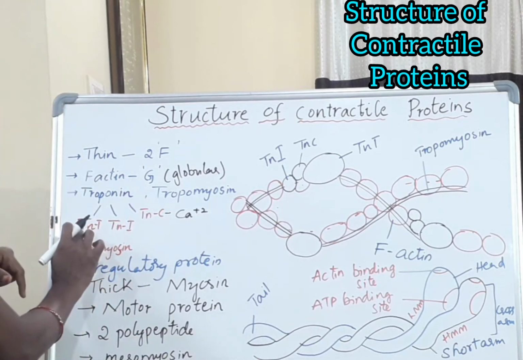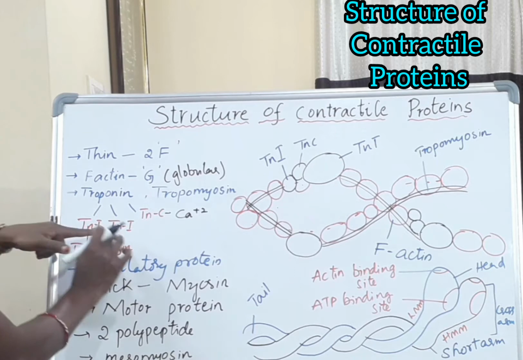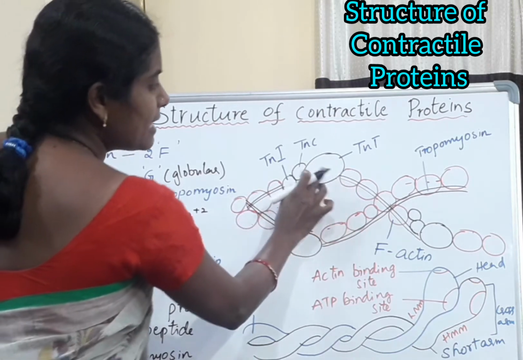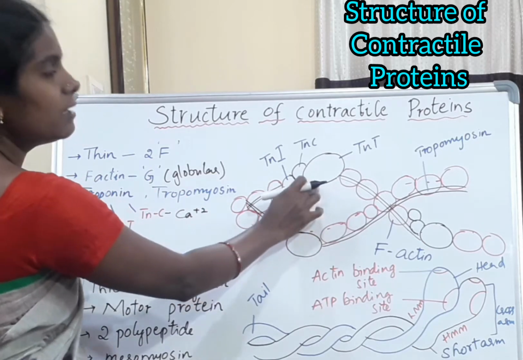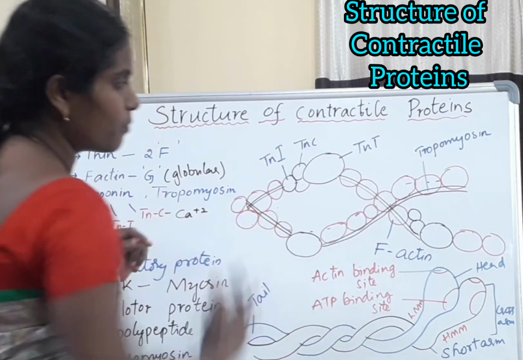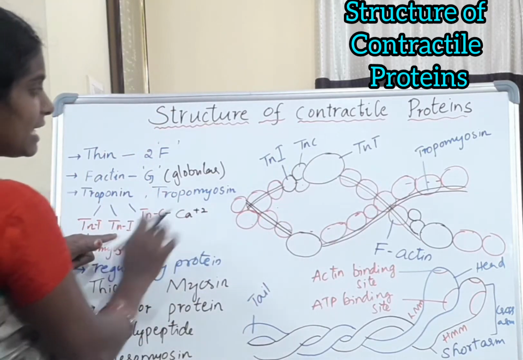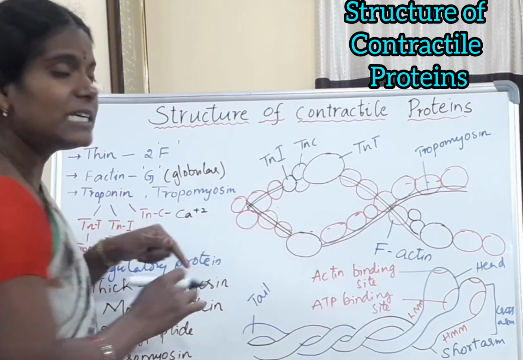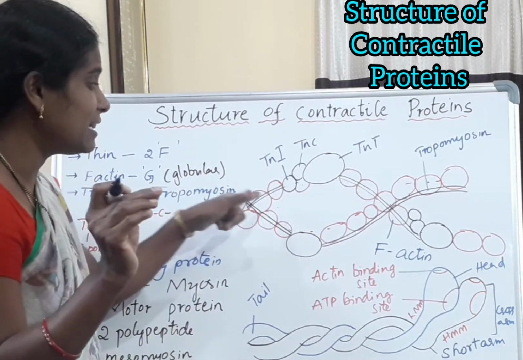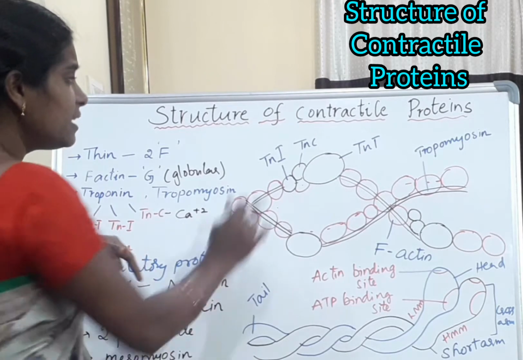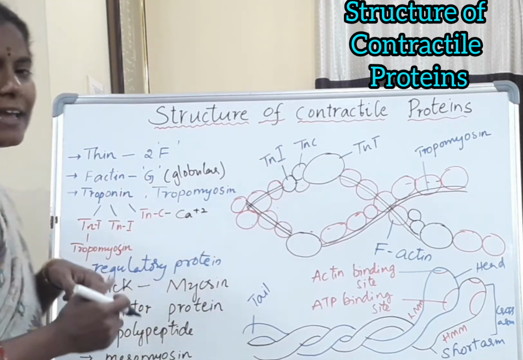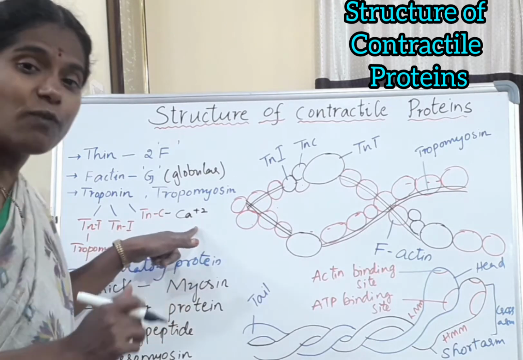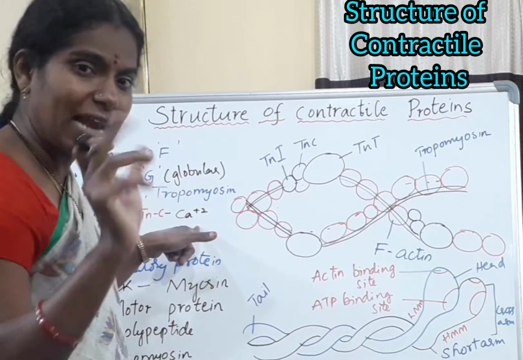They are TnT, which attaches to the tropomyosin. The next, TnI, inhibits the myosin filament from attaching to the actin. Then TnC attaches to the calcium ions. These play a very vital role in muscle contraction and relaxation.